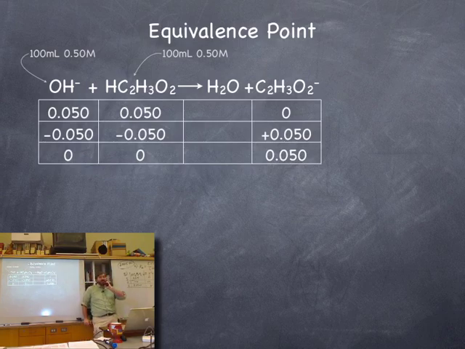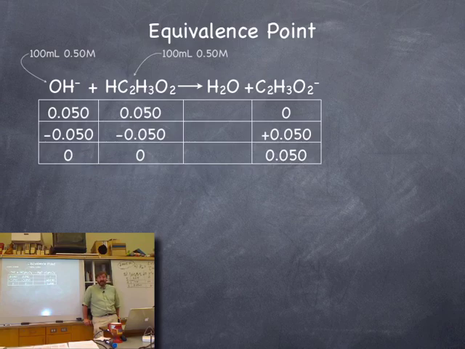Now, this is the point where we say to ourselves, okay, what equilibrium would be most appropriate for doing this calculation? What do I have in the solution? What would it do in the solution? I've got the conjugate. The conjugate of a weak acid is a base. Now, it's not a strong base.